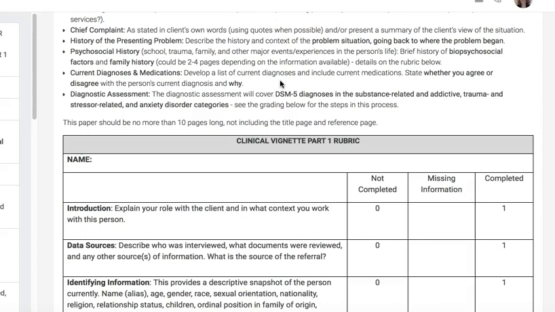So let's say they have a lot of depth to their trauma history, but their presenting problem is that they got fired from work. Well, that trauma history might very well have impacted them in such a way that they're not able to cope effectively in a workplace.